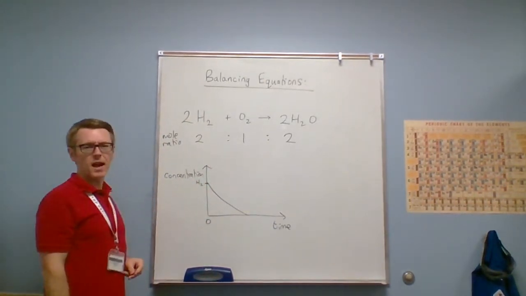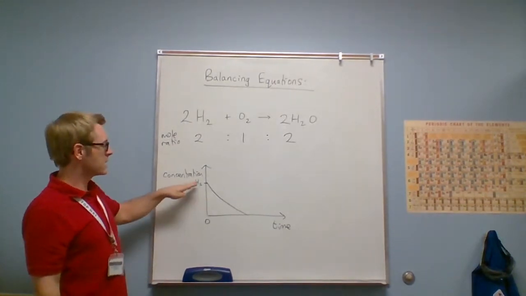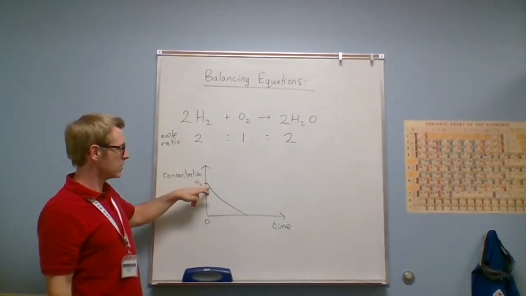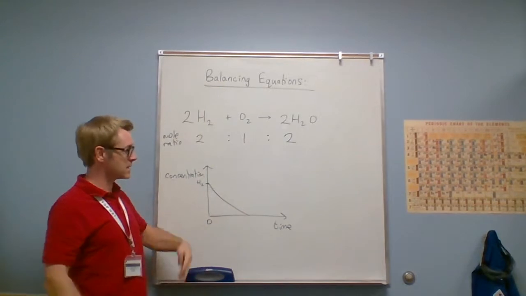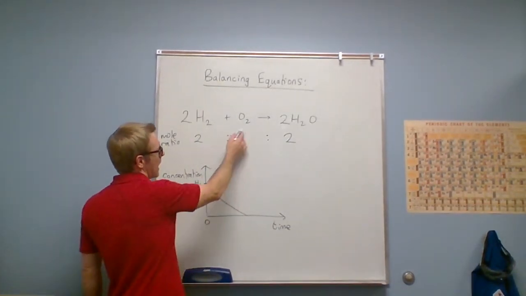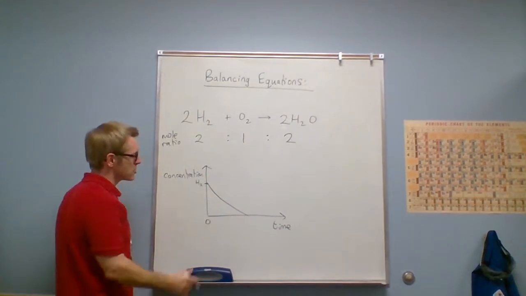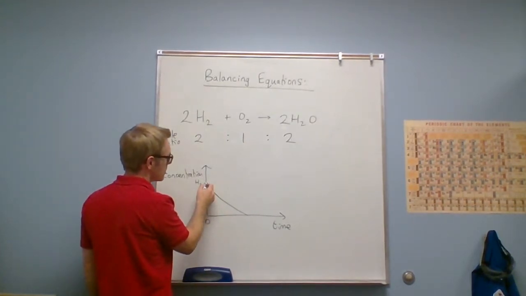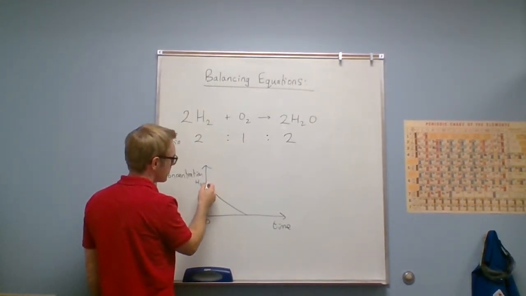So let's say that's my hydrogen. And let's say my hydrogen disappears like this as it's consumed. My oxygen, I would lose half as much. So my oxygen would go like this.